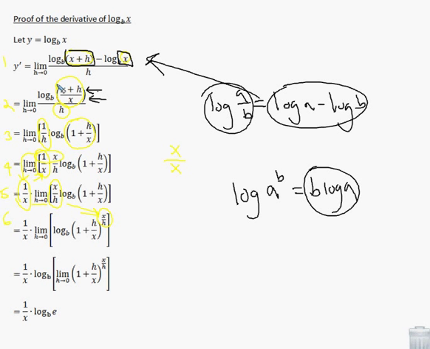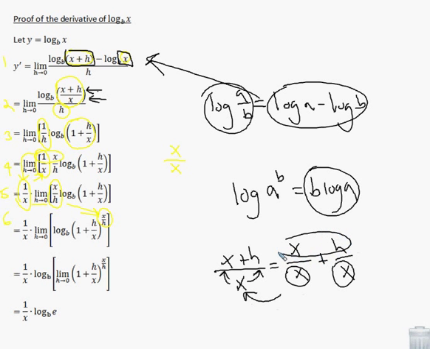We had x plus h over x. This is equal to, you divide the x into that x and the x into that h, so you get x over x plus h over x. If you think about it, all you're really doing is adding fractions. You have the common denominator, and so you keep the common denominator and you add the numerators.